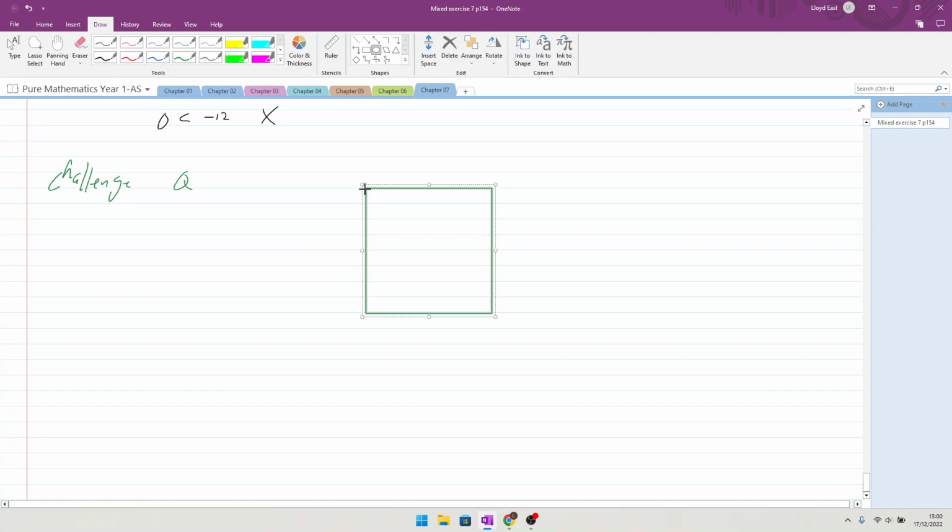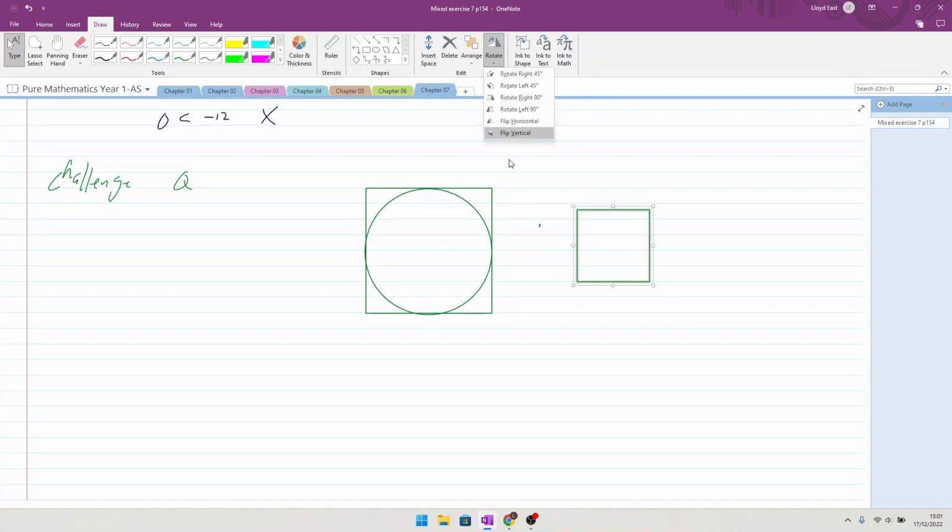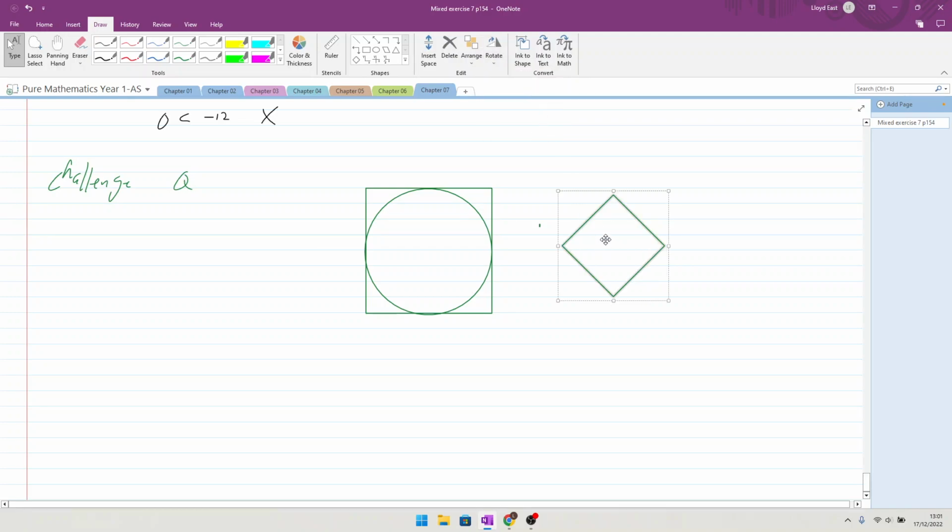It has a circle like this, and then it has another square inside of it, which has got rotated by 45 degrees, and it sits in there like that.